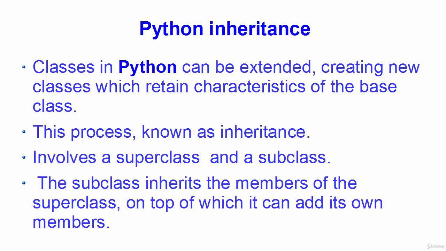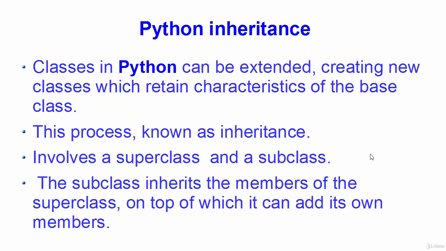The subclass inherits members of the superclass, on top of which it can add its own members, for example, any other member methods or variables. So here, the subclass is the one doing the borrowing of the members, and the superclass is the one from which subclasses borrow these member methods and variables.